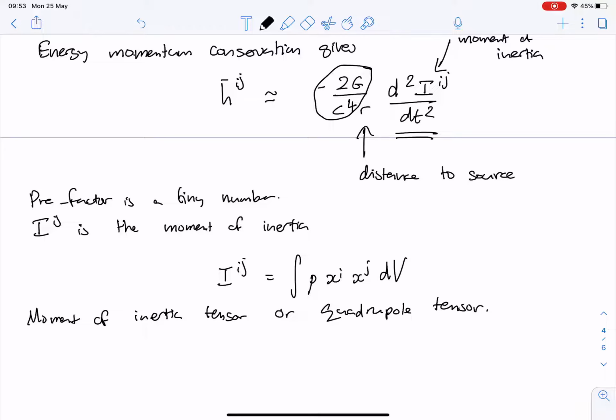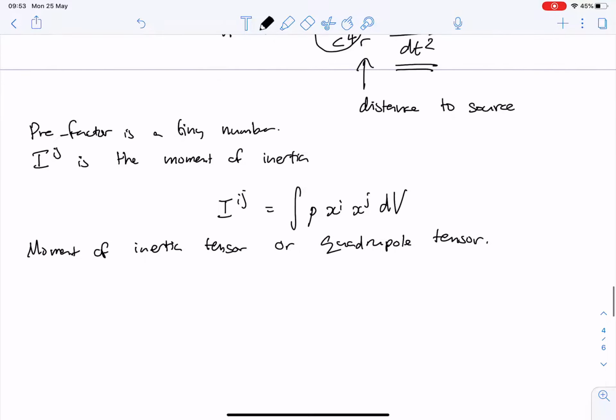So let's think about how you might actually get your maximum amplitude out. And that's going to be something where the moment of inertia changes a lot in a real astrophysical system.